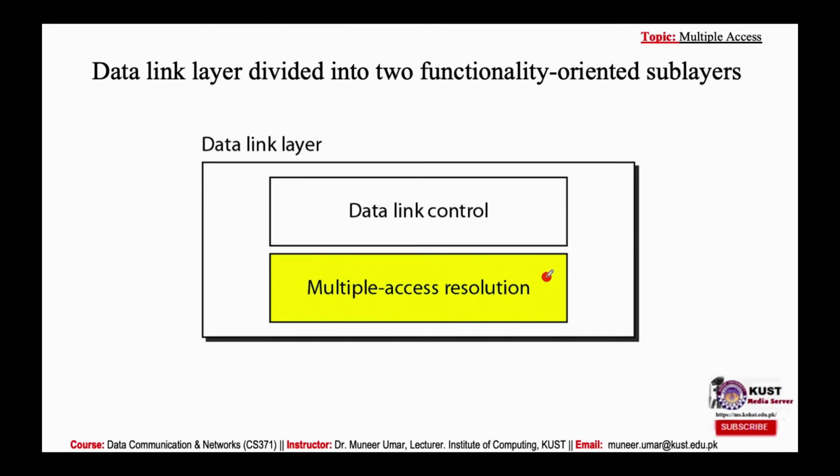So our main concern in today's lecture is multiple access resolution, which is the lower part in the data link layer. When nodes or stations are connected and use a common link, this is obvious that in network many nodes use a single medium to connect each other.